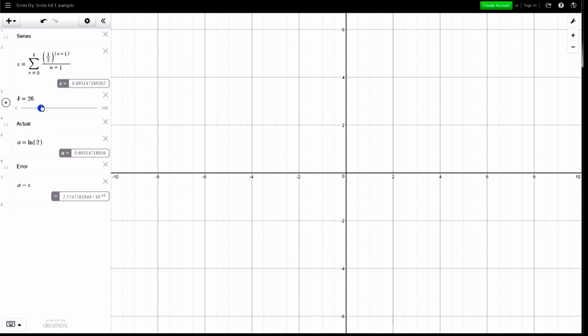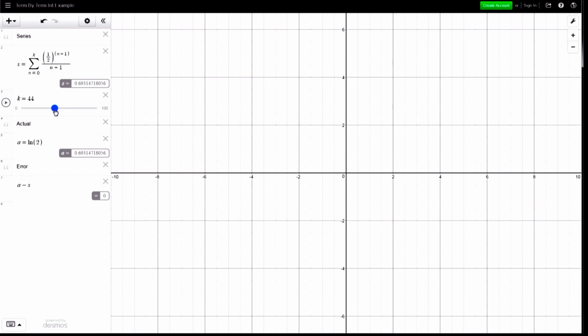So at this point, let's say 27 terms, from 0 to 26, we're down to an error of 10 to the negative 10th. So we're right in about the first 8 or 9 decimal places. Pretty soon here, we're going to be as good as Desmos, right? 10 to the negative 12, 10 to the negative 14, boom.